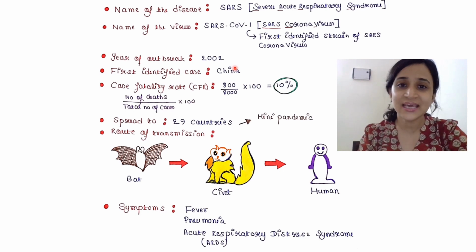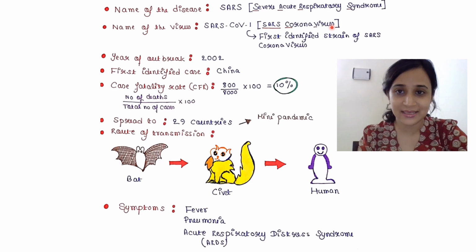So the first thing is coronavirus is not a very new virus. It has infected us already twice before this 2019 pandemic.